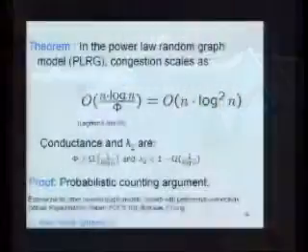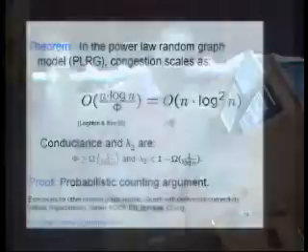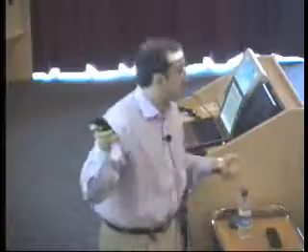We have shown that the congestion grows as n times log squared of n. We have proven that by using a well-known result by Leighton and Rao, which associates the congestion of the most congested link with the conductance of the topology.